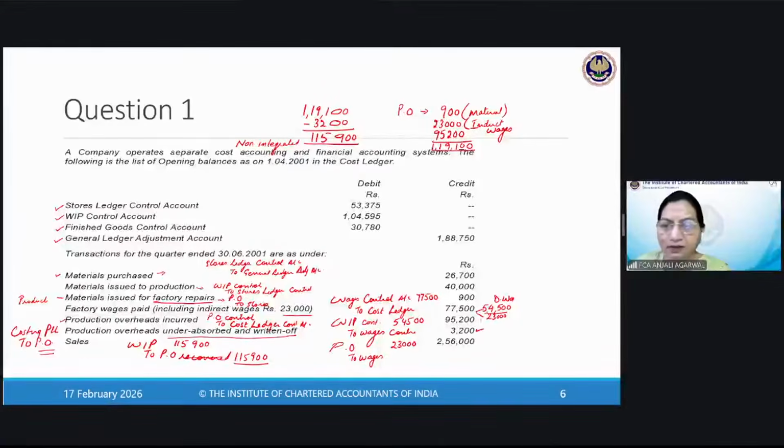Okay. And any time when there is under recovery, that means expenses are more than what have been charged so far. So you will debit the profit and loss account. Remembering the rule, debit all expenses and losses and credit all incomes and gains.